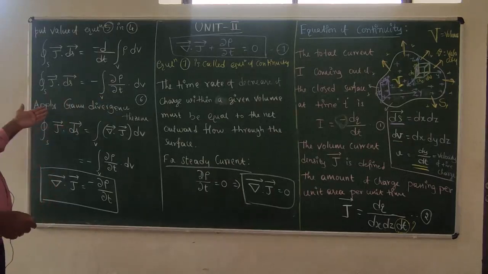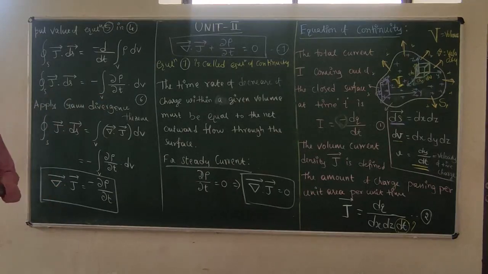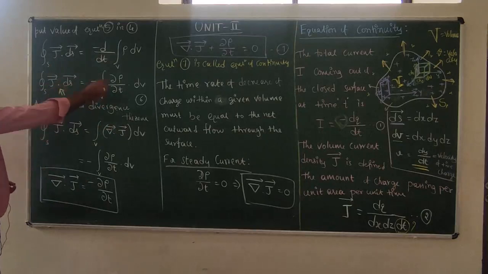We have already studied the Gauss divergence theorem and Stokes theorem. Here we can apply the divergence theorem, where we can convert a closed surface integral to a volume integral. So apply the Gauss divergence theorem to the LHS, and let the RHS stay the same.